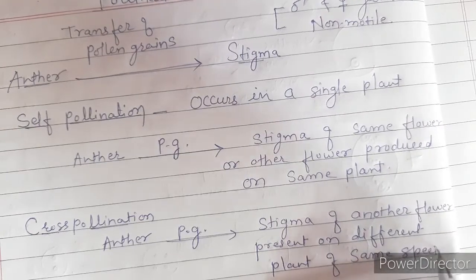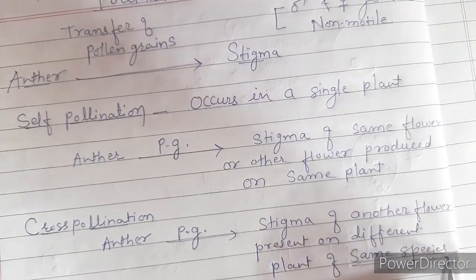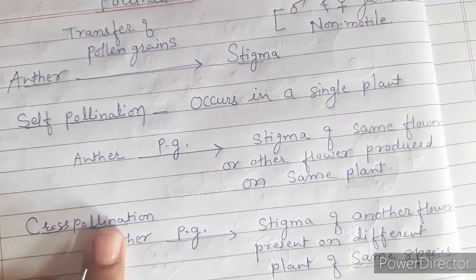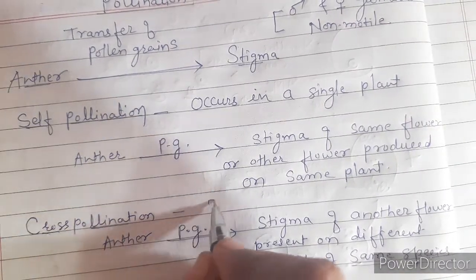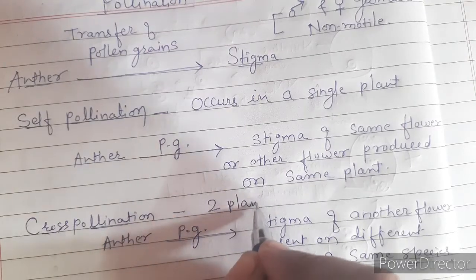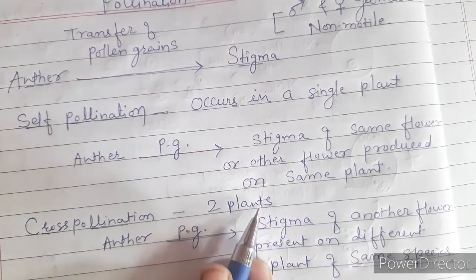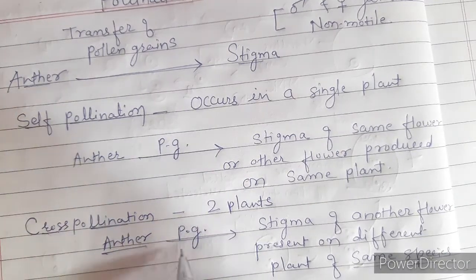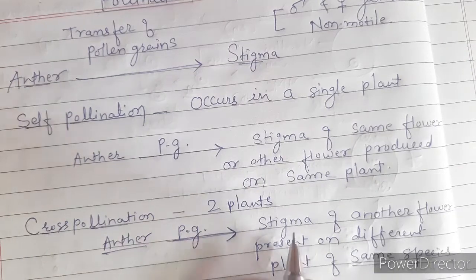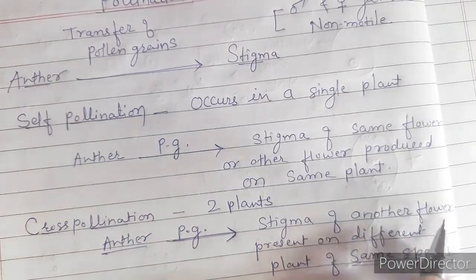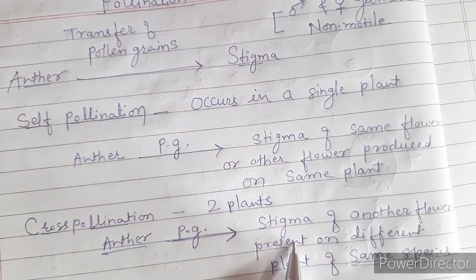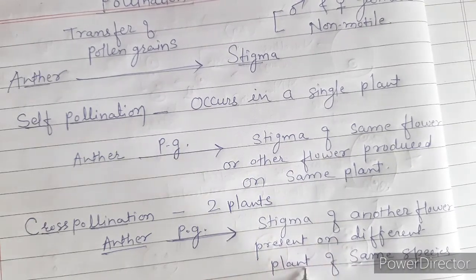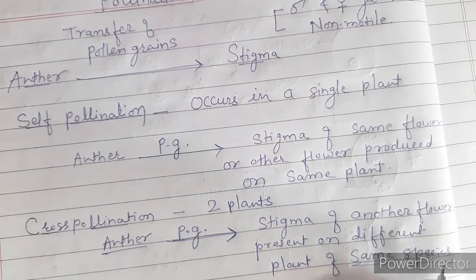See here, same species is important, not of a different species. So in cross-pollination, no doubt, two plants are involved. The pollen grains from the anther are transferred to the stigma of another flower which is produced on a different plant of the same species.